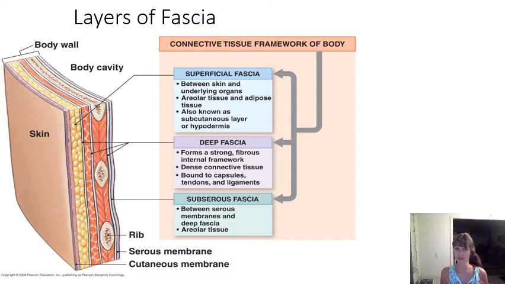The superficial fascia is actually made up of areolar and adipose connective tissue, whereas the deep fascia is made up of dense connective tissue. It's actually dense irregular connective tissue, whereas the subserous fascia is going to be between serous membranes and deep fascia and contains areolar connective tissue.